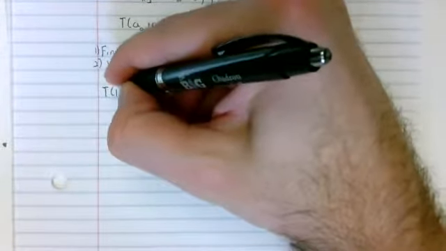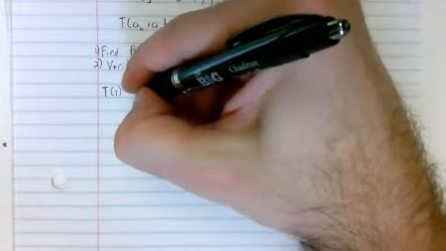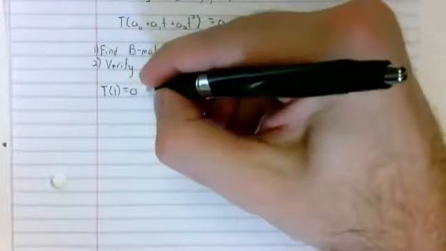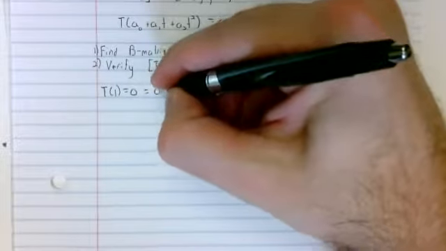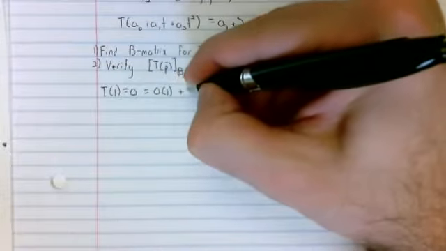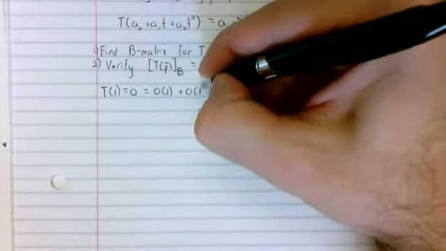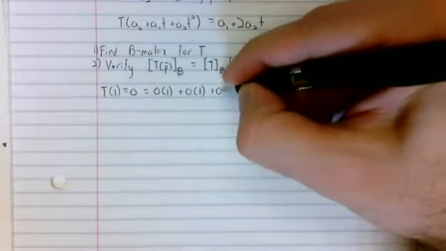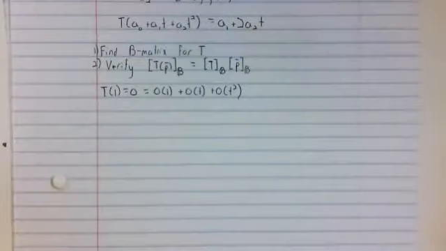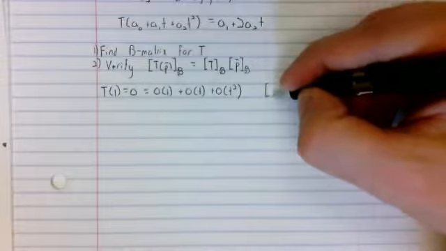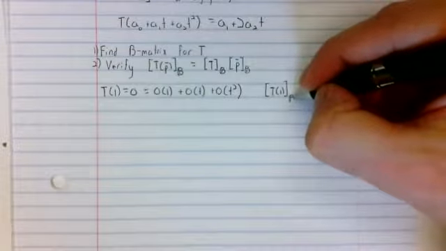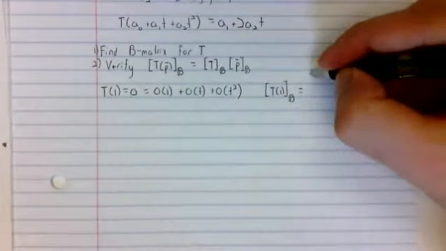We apply T to each of the basis elements, and then we need the coordinate vector with respect to B. So we write our result as a linear combination of these basis elements, and that lets us read off the coordinate vector.